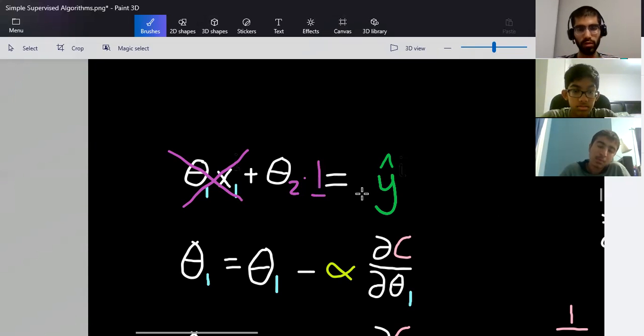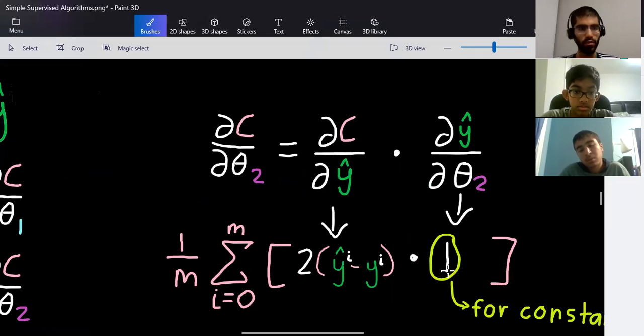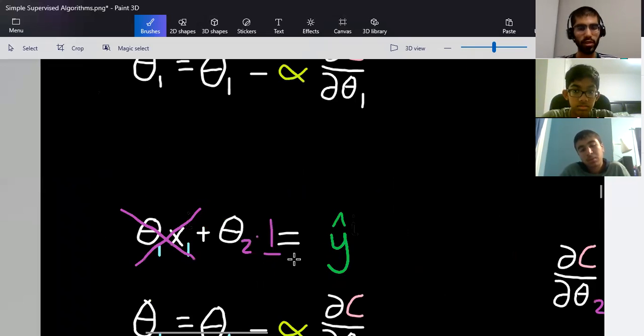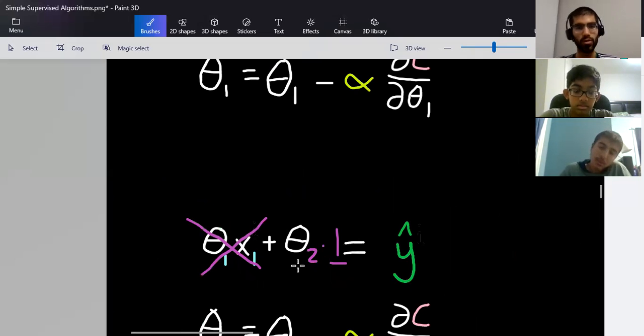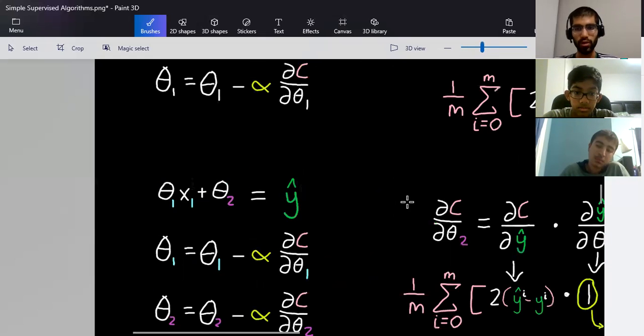So this corresponds to this 1 over here. If you're confused, go back to the partial derivatives and derivation lessons and you'll see why that's the case. But even if you don't want to do that, in the end, it's pretty simple here.